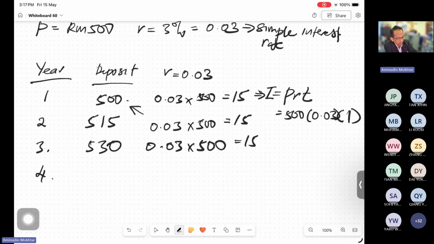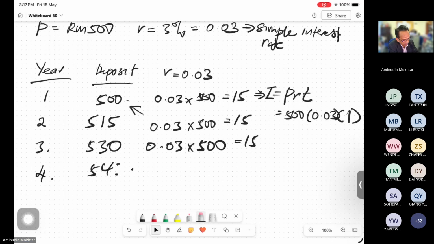So at early of year 4, your total saving now is 650. And then this process continues until, let's say, end of year 4, 5, and so on.